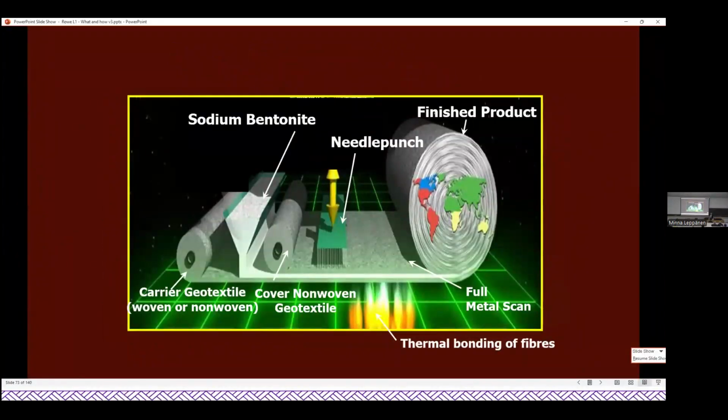They're produced with a carrier geotextile, the bentonite being placed to cover the geotextile, and then they're needle punched. Some of them are heated to get the fibers that were needle punched melted and adhering, and that is important. Since needles can break off, you also need a metal scan to detect them.